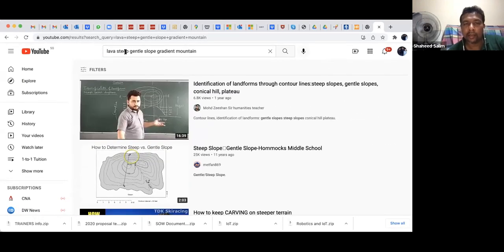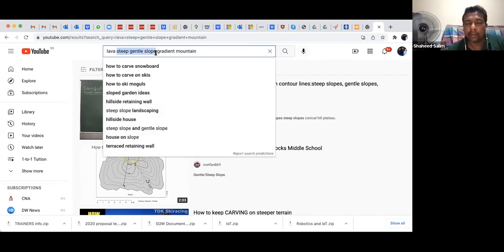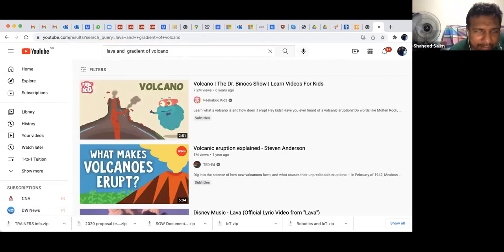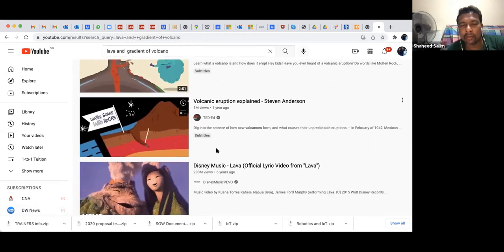Okay, lava and gradient. Oh, volcano, not mountain, sorry. So you know, right? Mountain doesn't have the lava bit. So this is for volcano. Sorry. So steep slope and gentle slope is now dealing with the volcano.